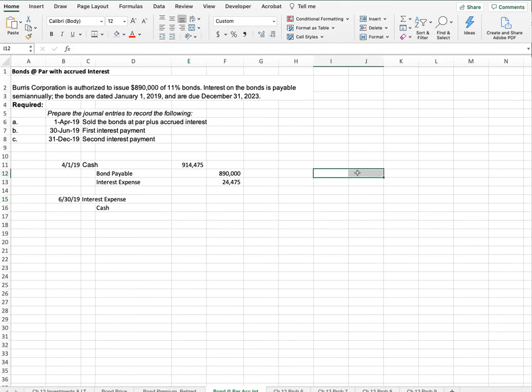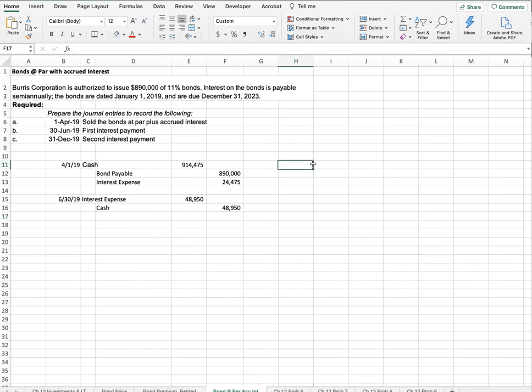And if we had a T account, we could see that that would balance out, and we can do that in just a second. So our interest expense is going to be equal to our 890 times the 11% times 1/2, or 6 out of 12 months, and we get 48,950.